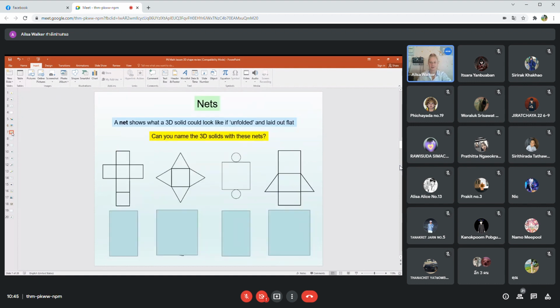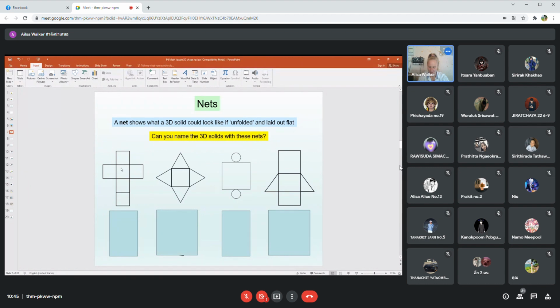Really clever. Okay, now these are the nets of some 3D shapes. Can you name the solid 3D shape that these nets will make? First one, Nick. Do you think you know what shape this net will make? I don't know. We're not sure. Okay.